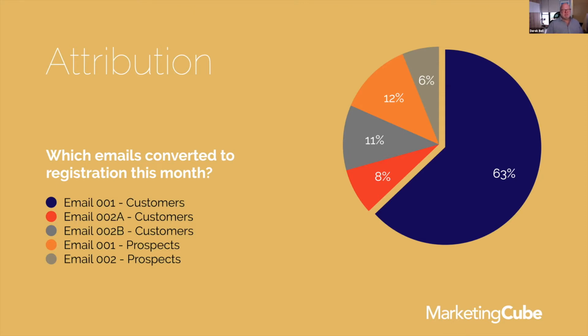Now with customers, we send one of 2 second emails. If they didn't open the first one, they get email 002A that you can see on the screen there. If they did open the first one but didn't register, then we send them 002B. And then the 12 and 6% are the 2 separate emails or 2 invitations that we send to those who are not customers of Marketing Cube.